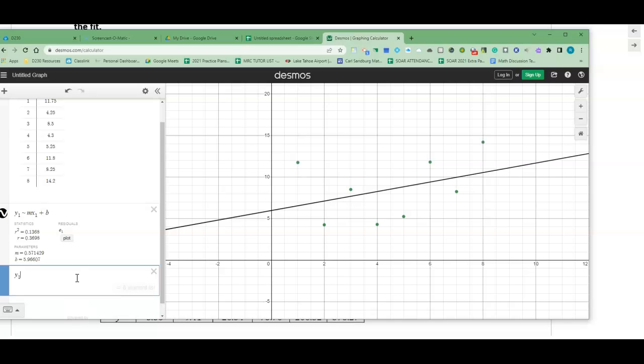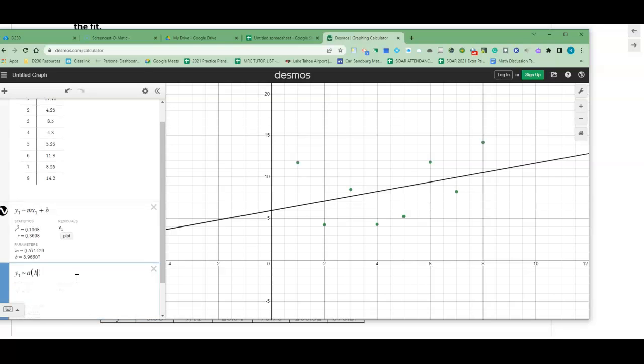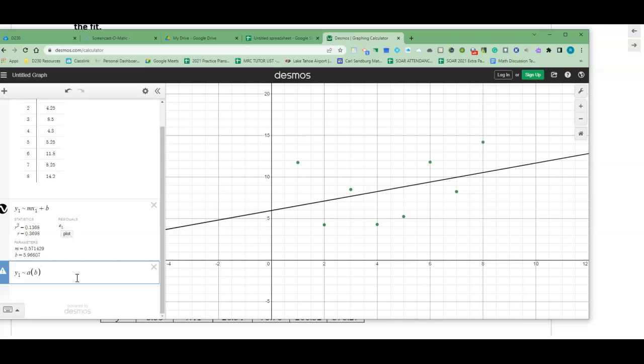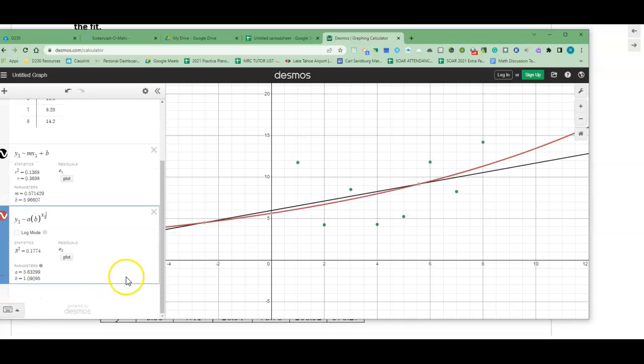So we would do y1 is approximately a times b, and remember it's the caret key, to the x1. And if you look there, here's what's nice about this. Notice the R squared value. Neither of these models really fit this data well because the points are so spread out, there's really no pattern.